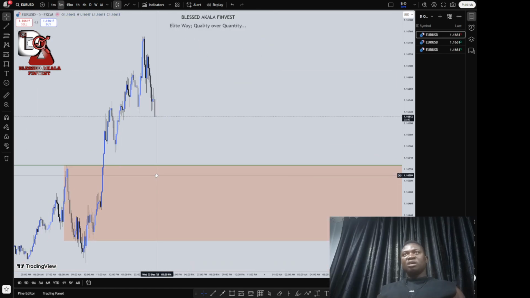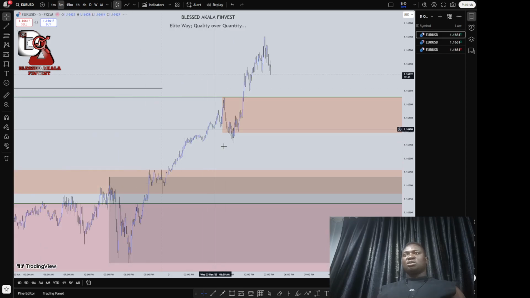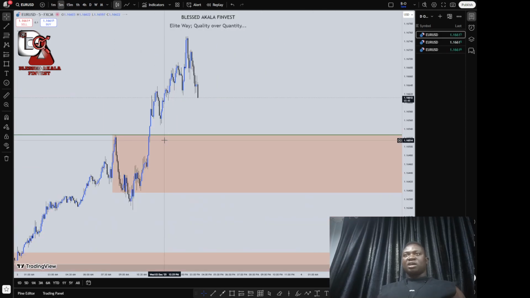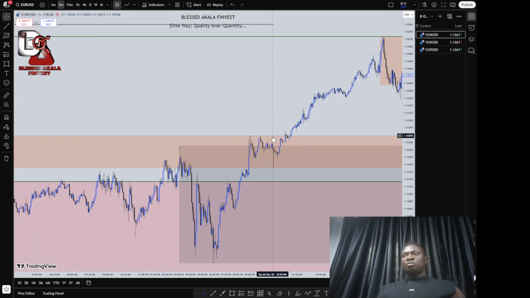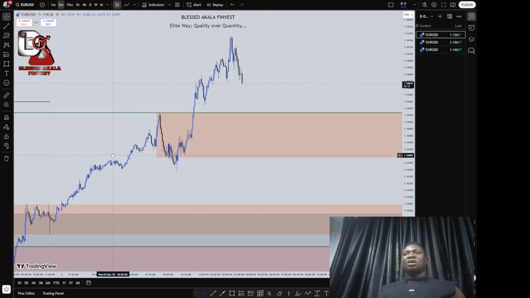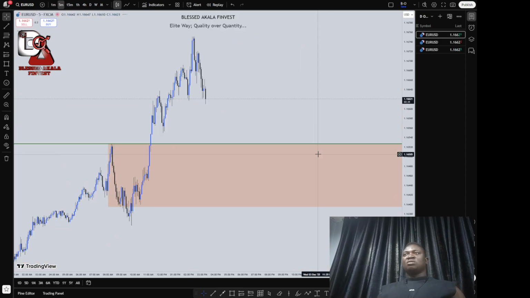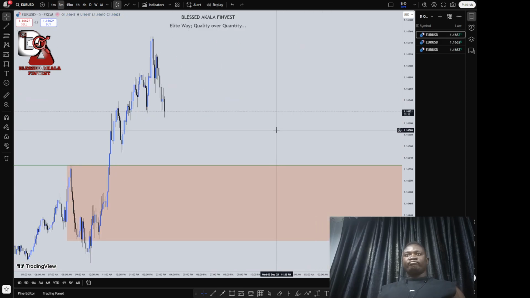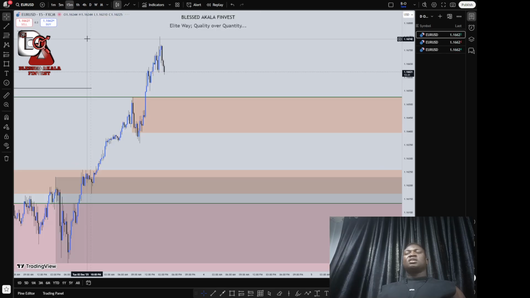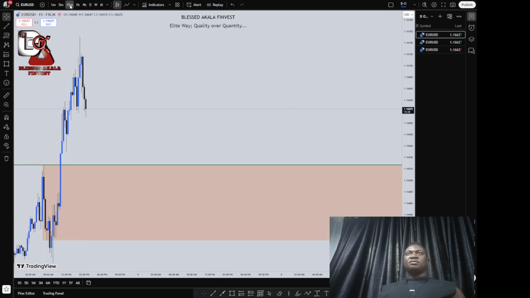Number one being this internal structure plus this level on higher time frame. Then number two being this particular level here. And as we can see, there is proper mitigation of all this level coming to this level. And these two levels are going to be my level of buying. So these are the places I'll be buying from anyway.